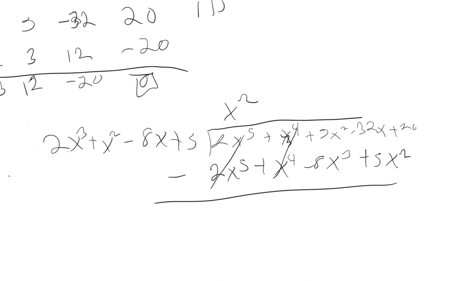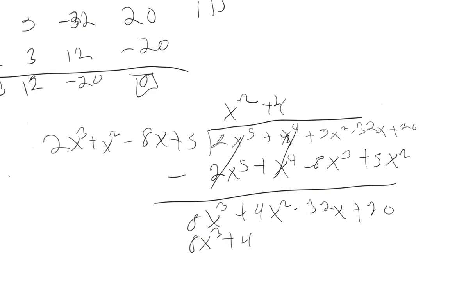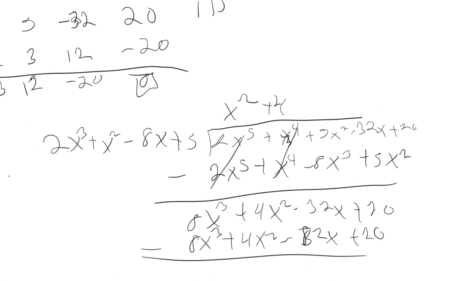We end up with 8x cubed plus 4x squared minus 32x plus 20. And now this is actually really convenient because we just need to add 4. And then we get 8x cubed plus 4x squared minus 32x plus 20. Everything cancels. So we know it divides, which is great.